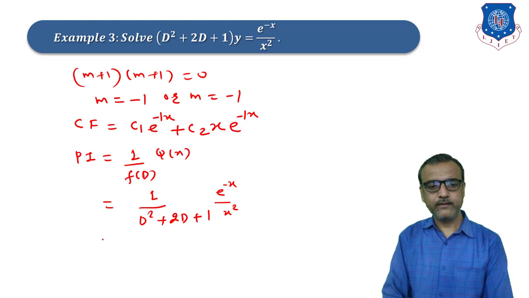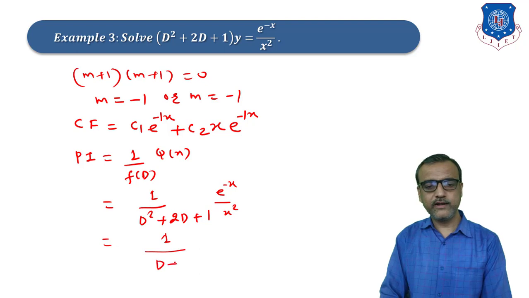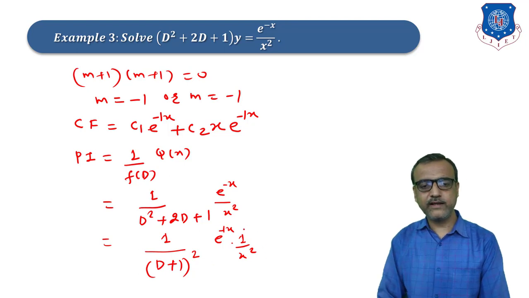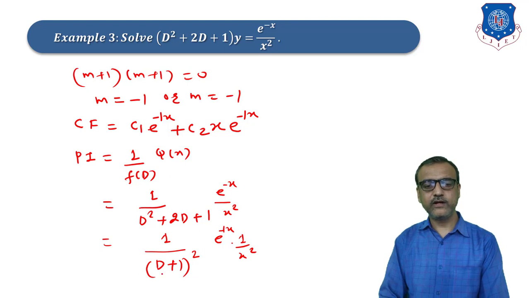Now this is equals to 1 upon, we will write D square plus 2D plus 1 as (D plus 1) the whole square, e raised to minus x into 1 upon x square. Now you can see that this is the concept of case number 4, where the value of a is minus 1. So we will replace D by D plus a, and the value of a is minus 1. So indirectly we are going to replace D by D minus 1.